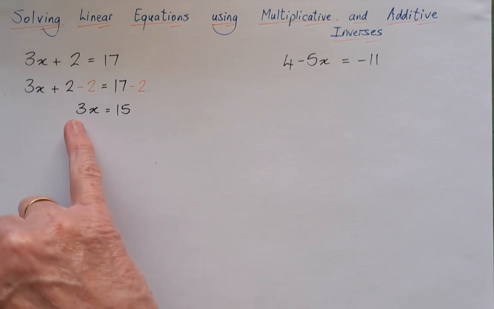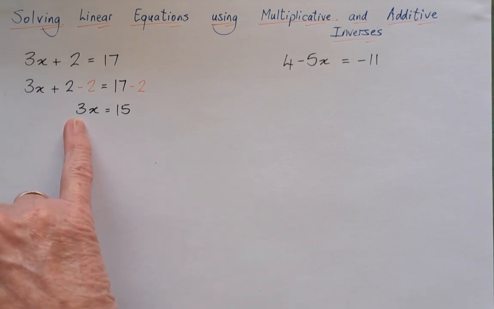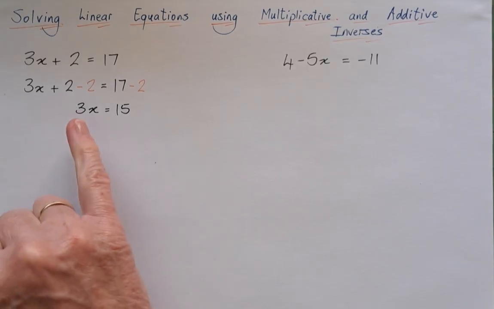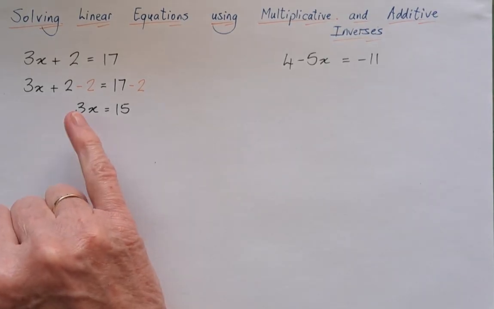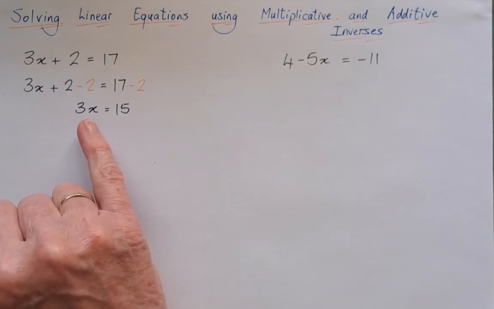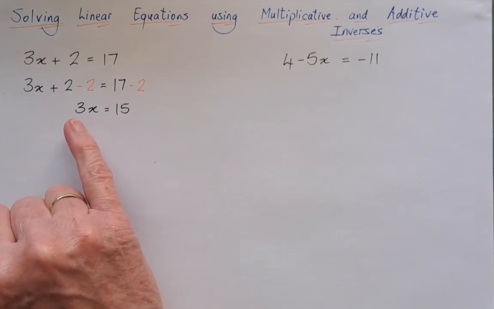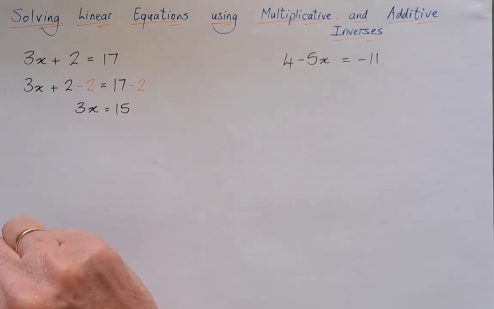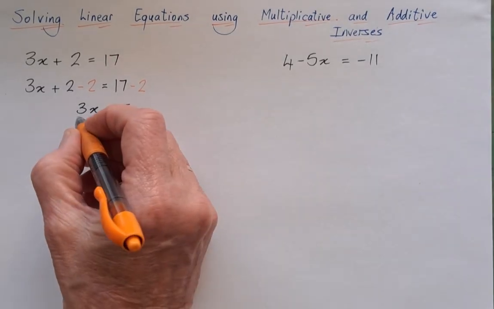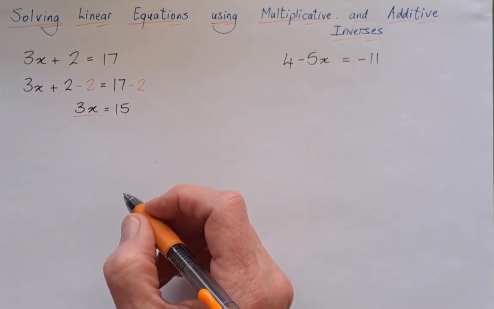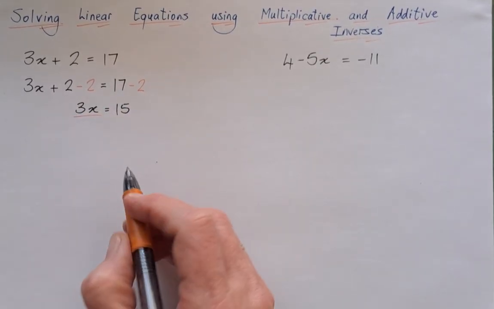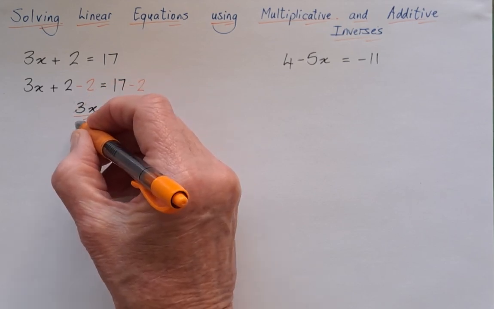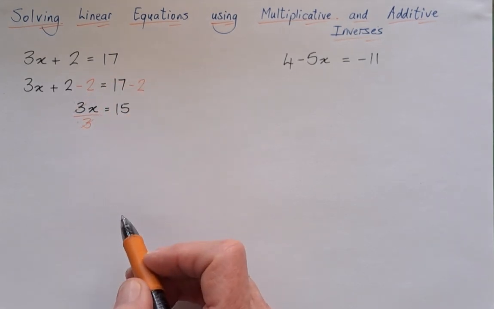But because we didn't have a coefficient of x higher than 1 in episode 1, this was the end of the story. But we're not trying to find the value of 3x, we're trying to find the value of x. So if we consider that 3x means 3 times x, the inverse of multiplication is division. So I need to divide by what I'm trying to get rid of, that 3. 3 goes into 3 once, so I'd be left with x.